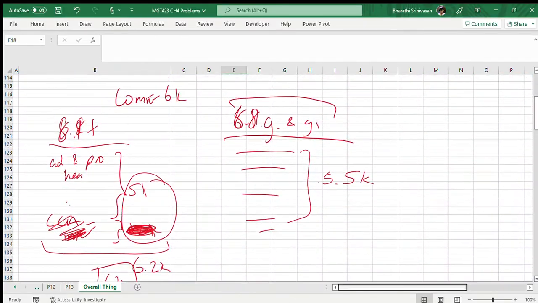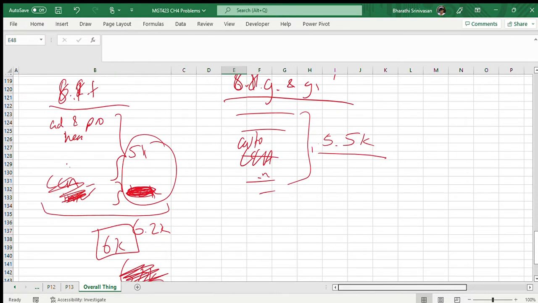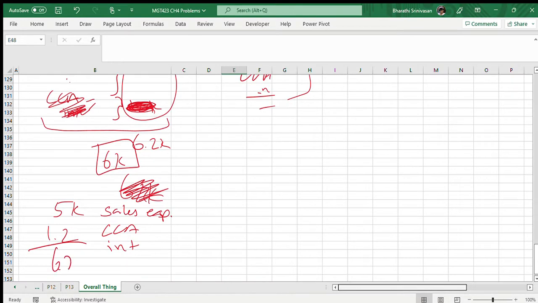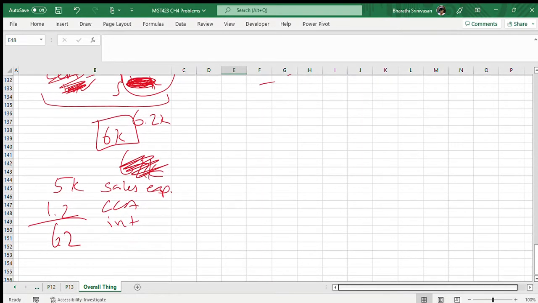If you were to deduct as part of the G.1 section, where you have your automobile, CCA and interest, and all that adds up to 5.5K, here you can deduct 6.2, whereas there you can deduct 5.5. This one is higher, so you can use this, okay?